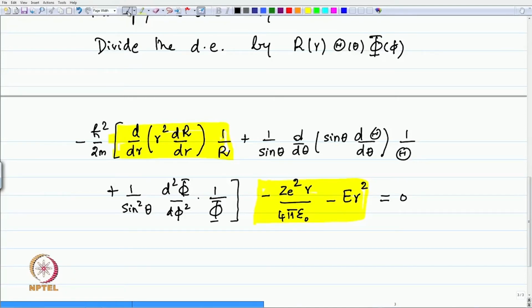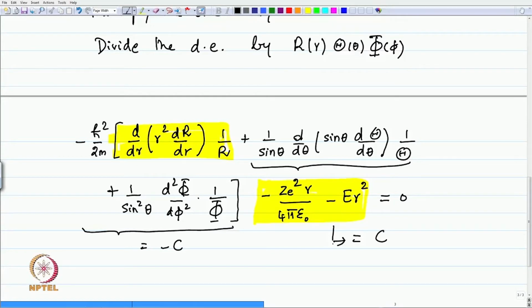Therefore, it is straightforward for you to write this as equal to some constant C, in which case the remaining terms, this and this, will be equal to minus C, so that the sum of this is 0.